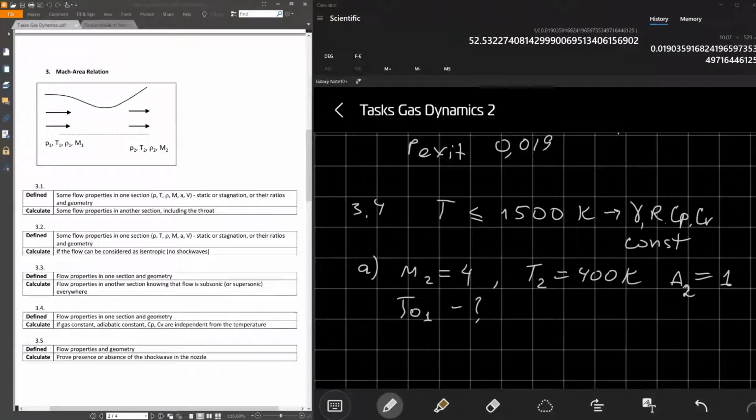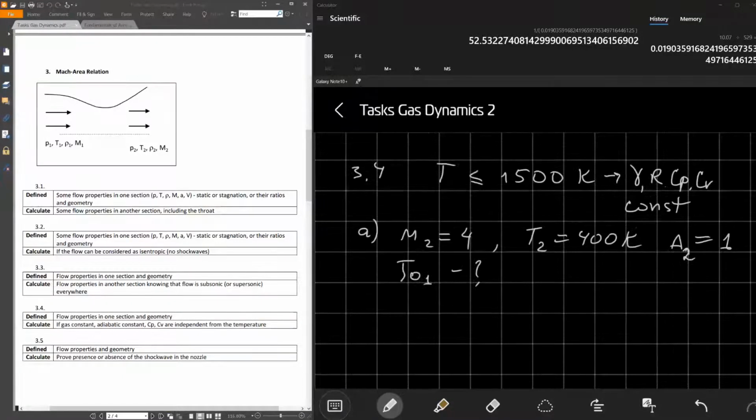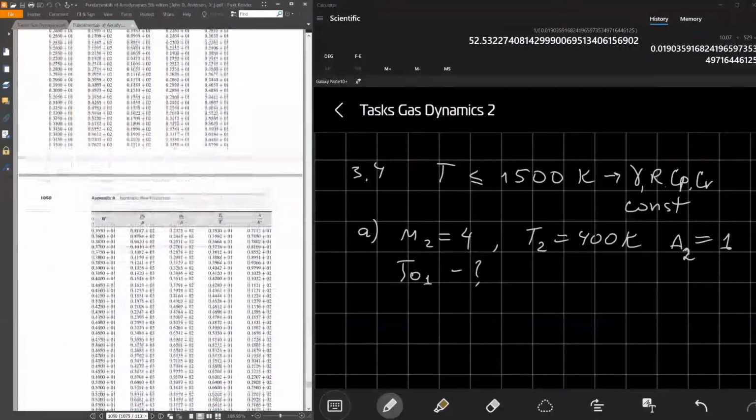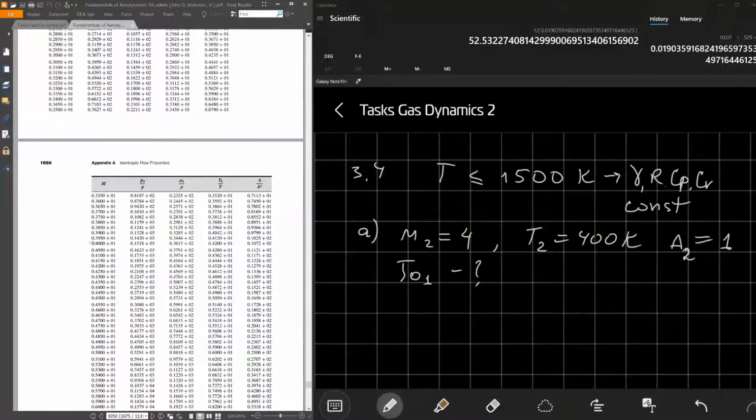How to do it? It's a similar calculation to our previous calculation, but we go in the opposite direction. We see Appendix A and find where our Mach 4 is. Okay, this is our Mach 4 in Appendix A, and we see 4.2 is the temperature ratio. So T01 divided by T2 is equal to 4.2.